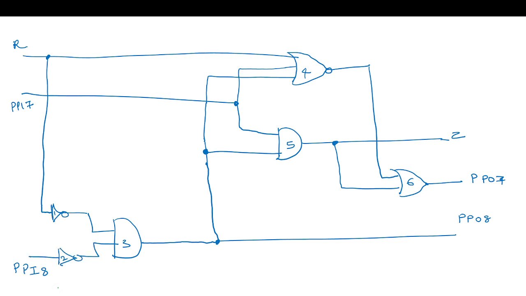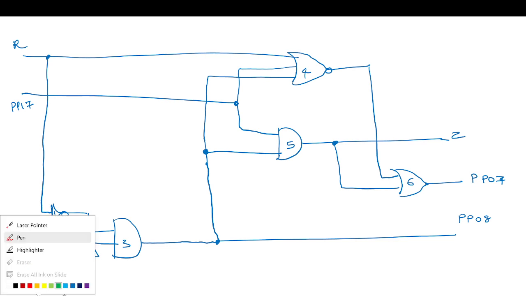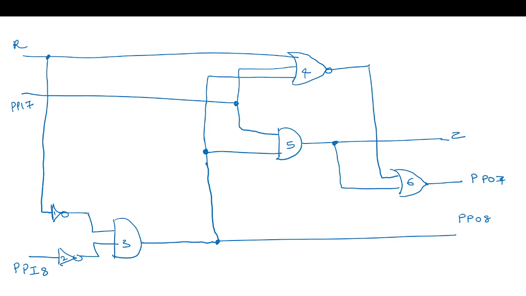So now, first let's levelize this circuit. Can you tell me which gates will be in level 1? Level 1 of the circuit is the gates getting inputs directly from the primary input or the pseudo primary input.